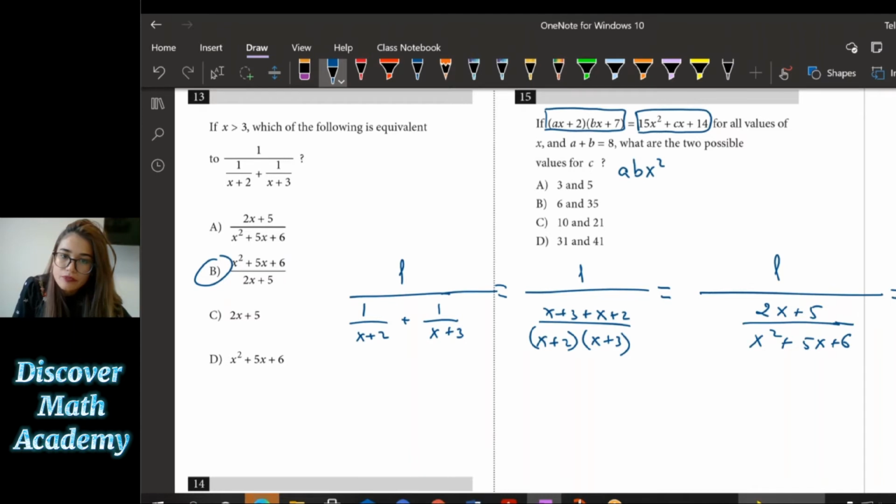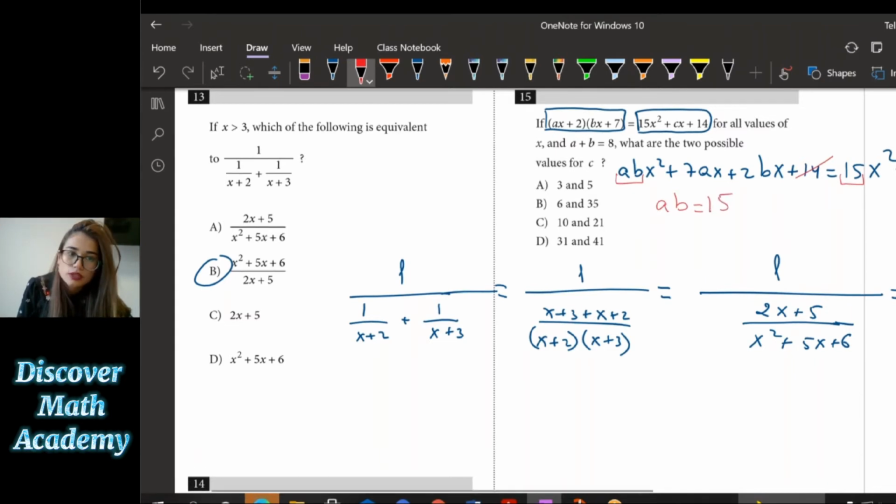Bx squared, yes, plus 7ax plus 2bx plus 14 is equal to what? 15x squared plus cx plus 14. So they are equal to each other. Plus 14 and plus 14 will eliminate. What is the coefficient of x squared? It's a multiplied by b. B is equal to what? 15. Yes, we are right.